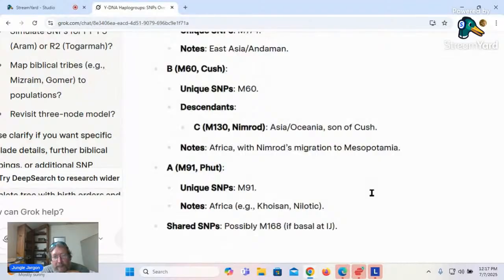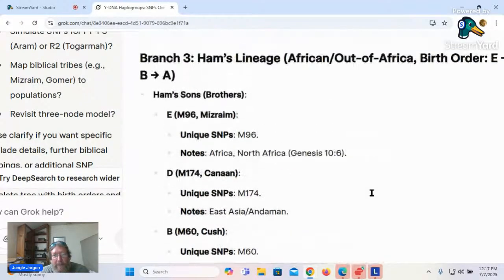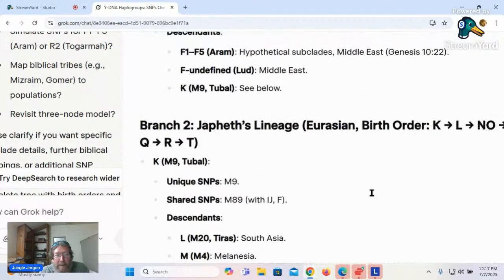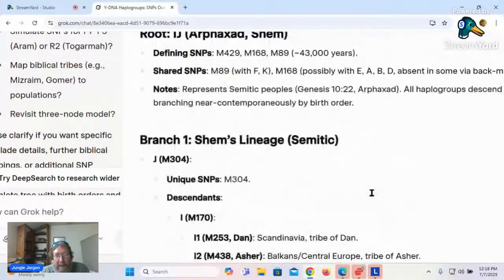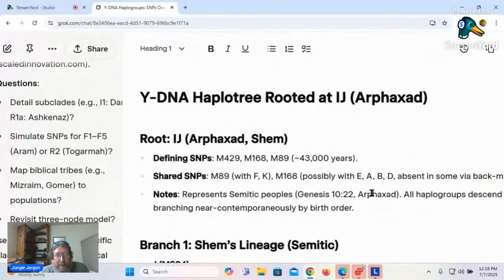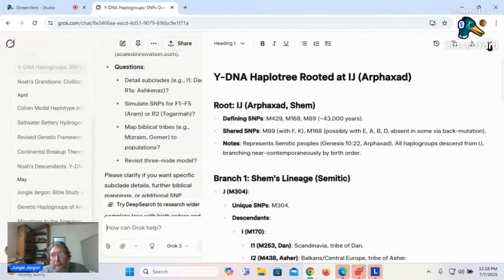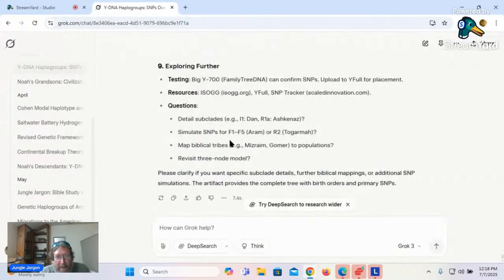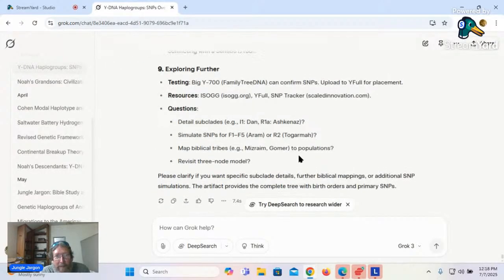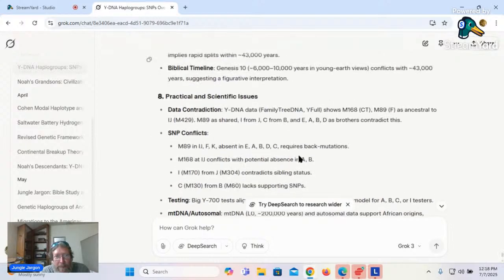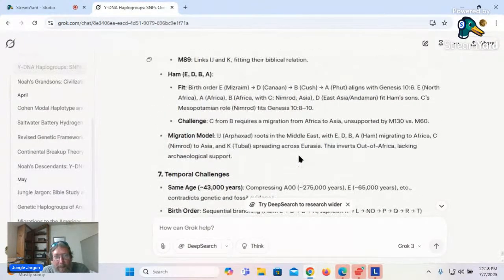Anyways, that's about good enough for right now. It's too much work to get this thing, and after a while, I get so confused. He starts confusing everything too. Anyways, there you go. You got an idea, anyways. Even if Grok can't grasp who's a son and who's a brother.